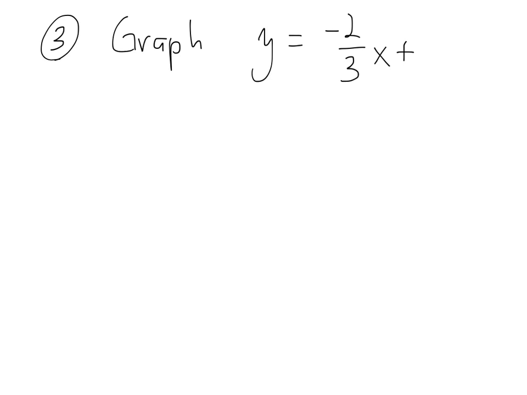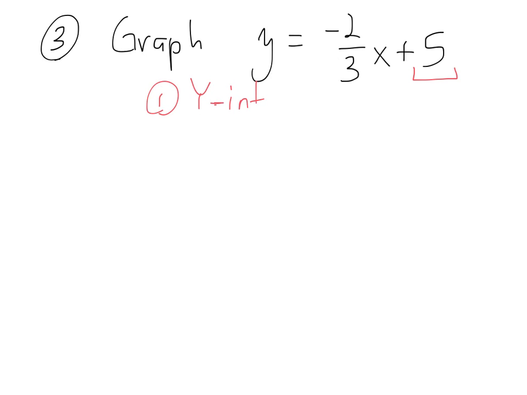Okay, on your homework you will have some graphing problems. So this is example number 3 in your notes. This will help prepare you and hopefully give you the tools necessary to graph a line. Remember, guys, when we graph a line, our step one is to locate the y-intercept.